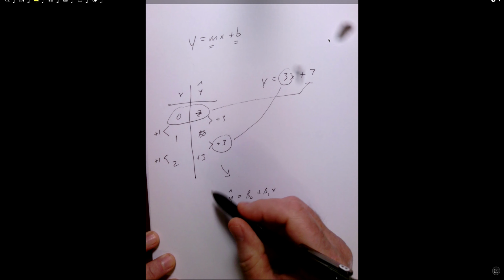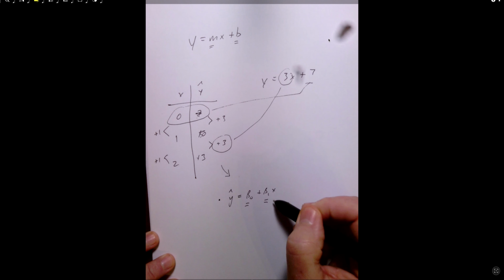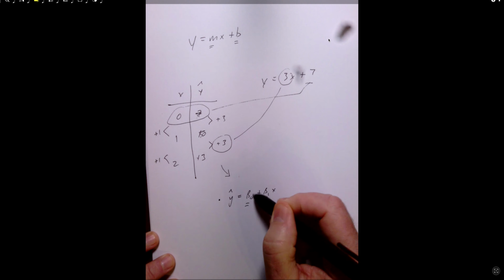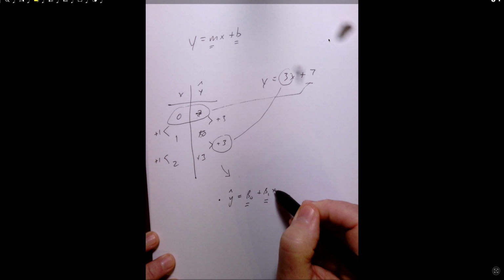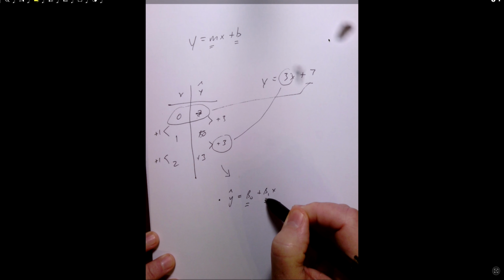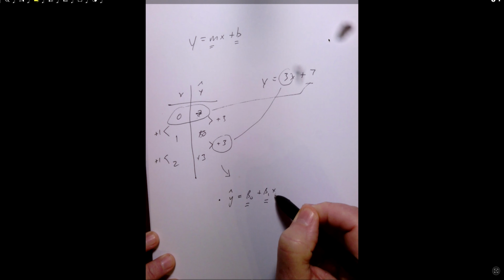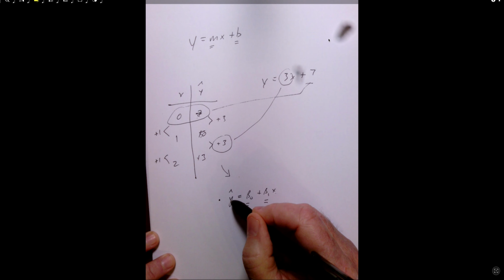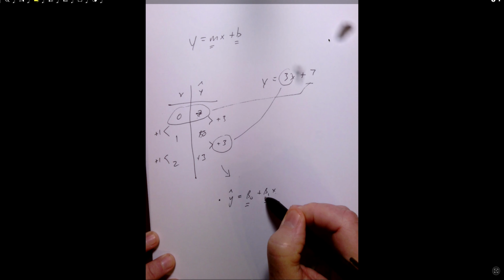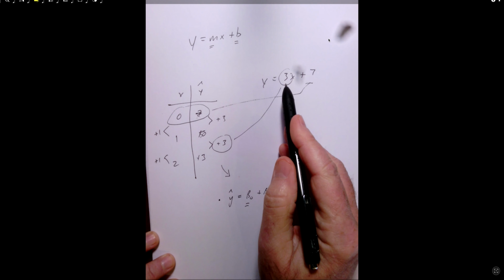But in the spirit of our regression model, the interpretation of our beta 0 is the predicted y when x is equal to 0. The interpretation of our b1, our slope, is as x increases 1 unit, our predicted y increases b1, 3 in this case, right?